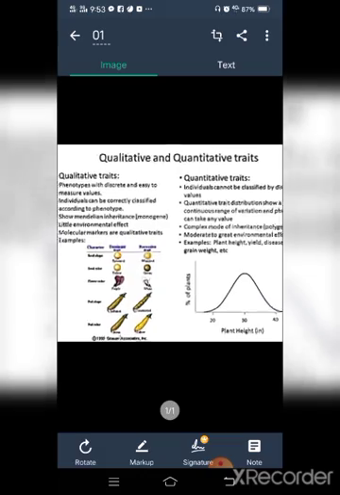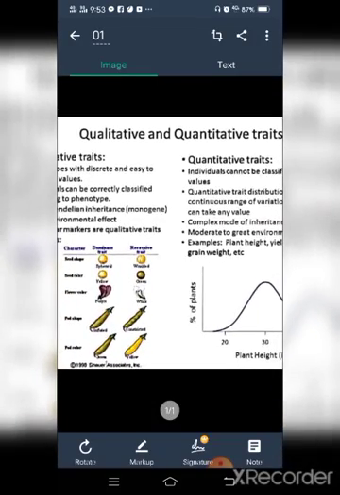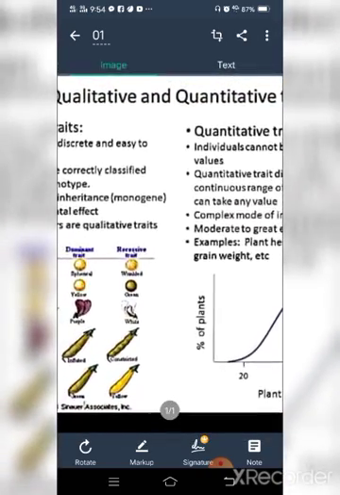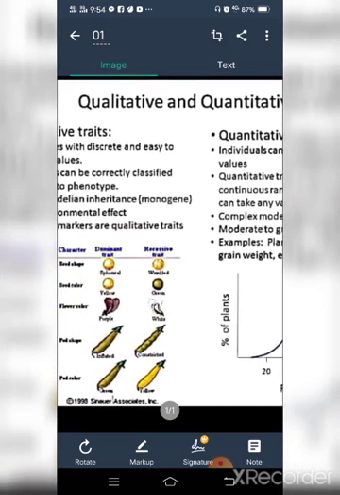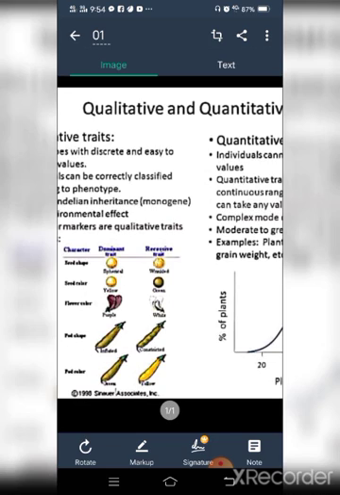Examples of these are seed shape, dominant trait and recessive trait, round and wrinkled; seed color, yellow and green; flower color, purple and white; pod shape, inflated and constricted; and pod color, green and yellow.